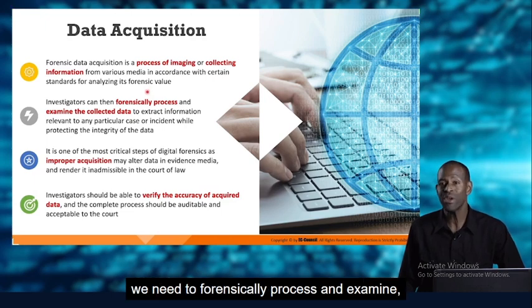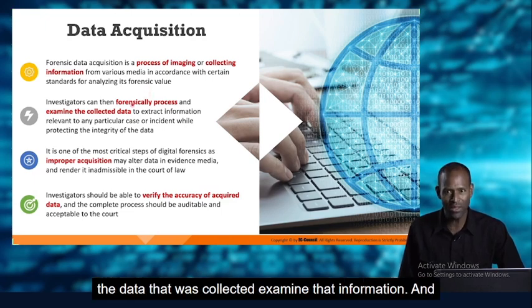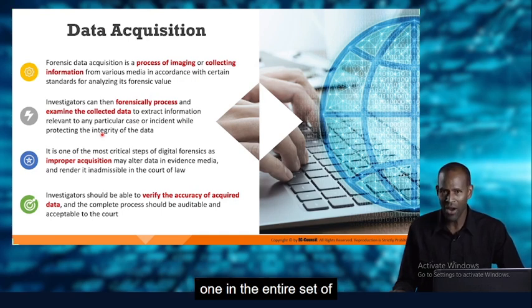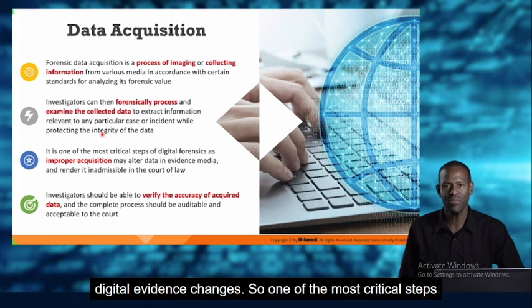So we need to forensically process and examine the data that was collected. And what we want to do is find evidence that is relevant to the case that we are pursuing. And we also want to, at the same time, protect that data, protect its integrity, meaning, again, that not one zero or one in the entire set of digital evidence changes.